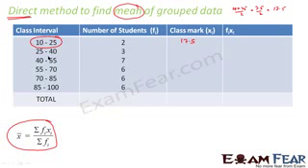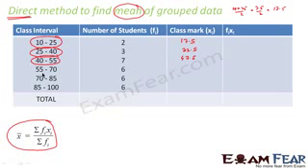We'll solve this problem. In this case the xi will be (25 plus 40) that is 65 by 2, that is 32.5. In this case 40 plus 55, that is 95 by 2, that is 47.5.